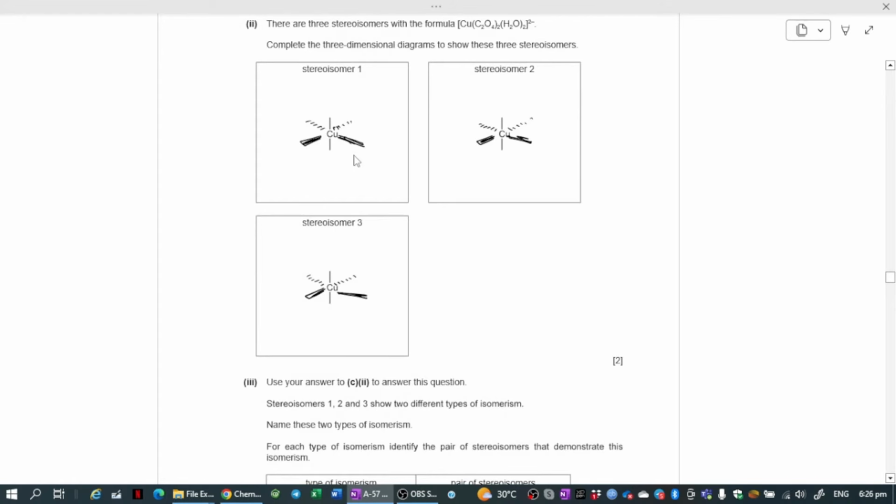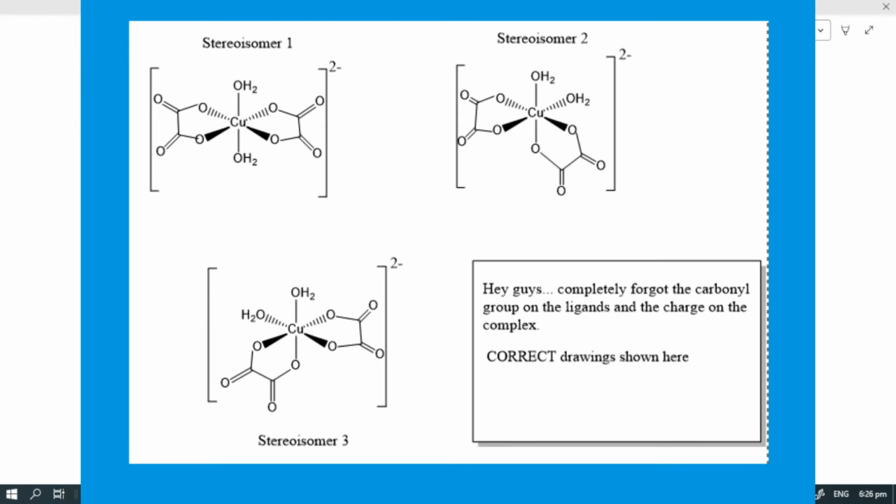So we have 2 water ligands and 2 ethane dioate ligands, right? So the first way we could arrange the water ligands is so that they stick out like this. Right? And remember, it's the lone pair on the oxygen that's bonding to the copper. So I have the oxygen bonded here. So we have the 2 water ligands like this, and then you'll have the ethane dioate ligands, which would connect like this.